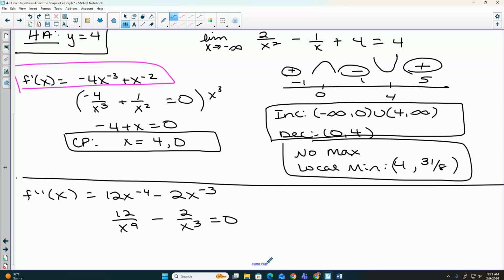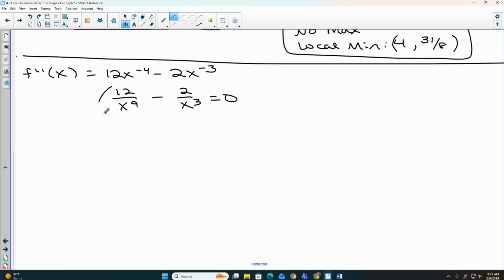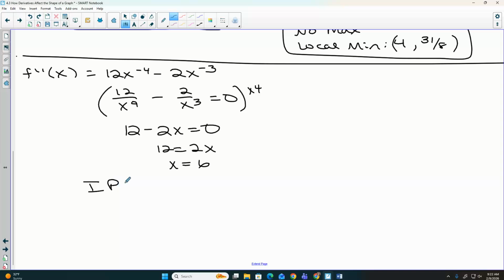Set that to 0. Multiply by x to the 4th. So we get 6. So my inflection point, 6. Is there another one?